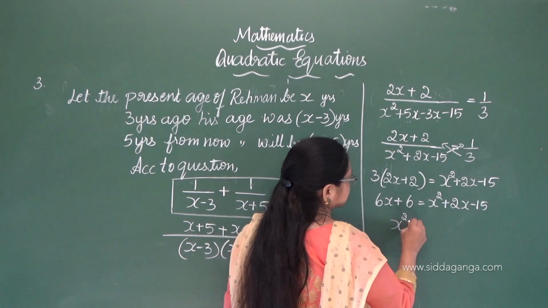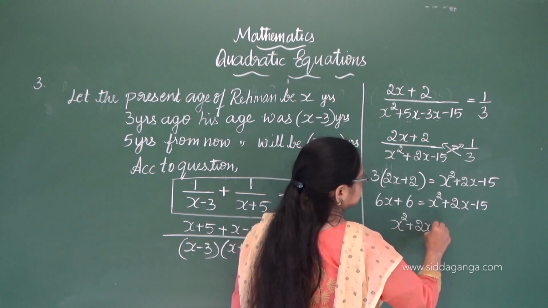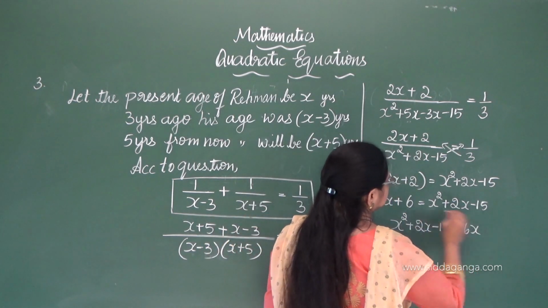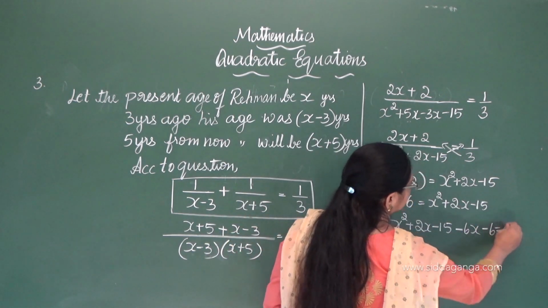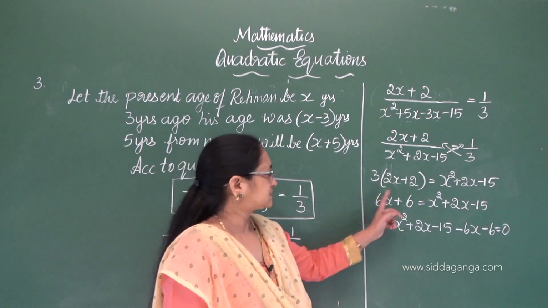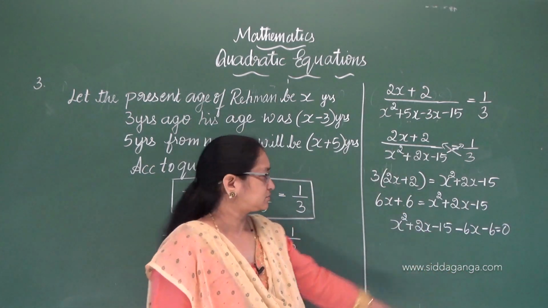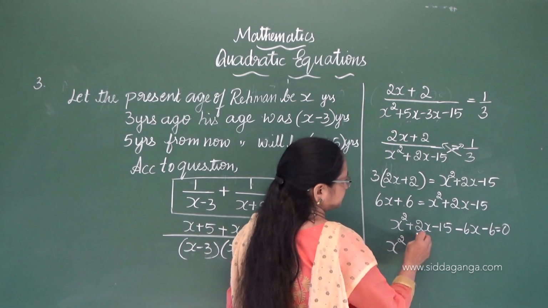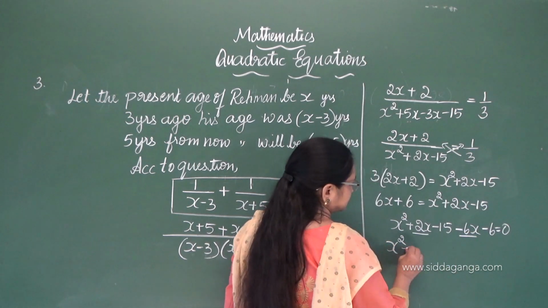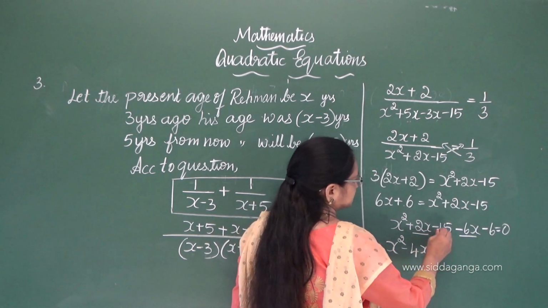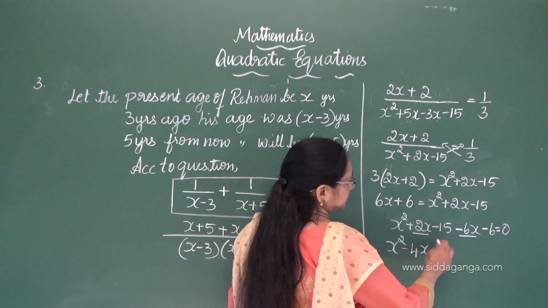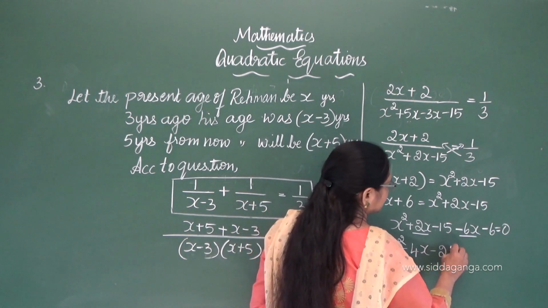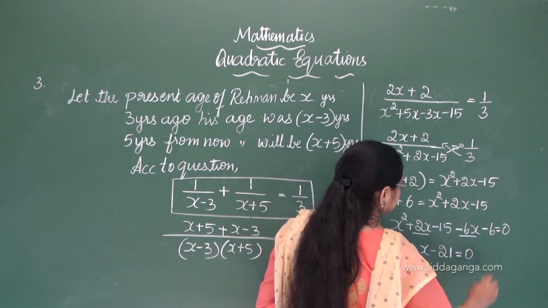So this will become x square plus 2x minus 15 minus 6x minus 6 is equal to 0. I hope you understood this. Now this will become x square, and here minus 4x, and minus 15 and minus 6 will give you minus 21, is equal to 0.